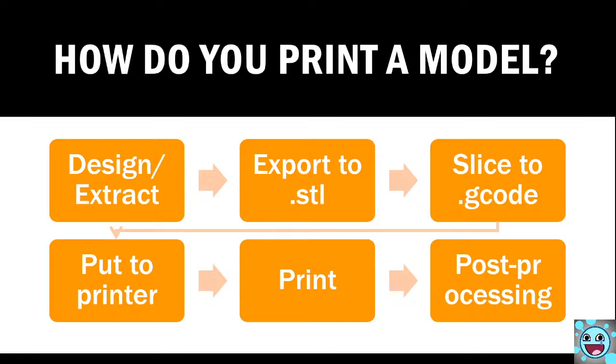After you have the .g code file, you move it into a memory card, for example, the micro SD, and then you insert that card into the 3D printer, and then you print it. The printing process can take anywhere from minutes to even days.